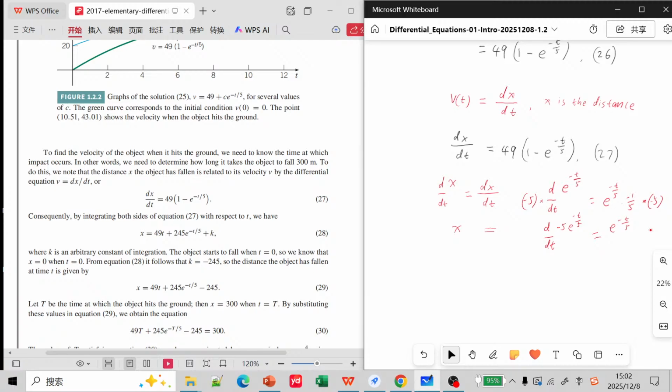And now we can try to write down the antiderivative of the right hand side. The 49 should be the same, and the 1 can be the same, and minus, and this thing's antiderivative is minus 5 times e to the minus t over 5.